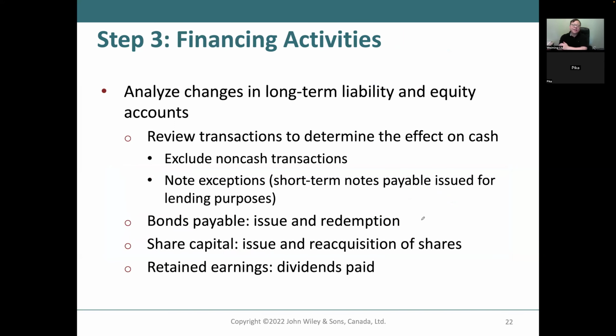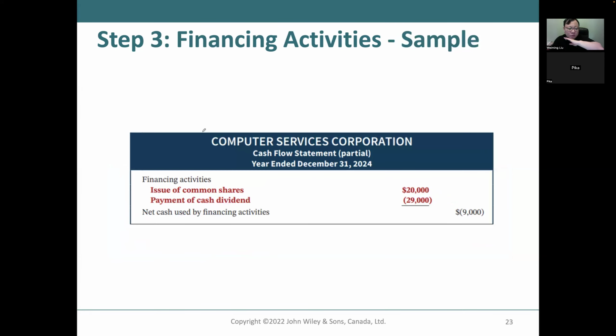Financing activities analyze the changes in the long-term liability and the equity. For example, when you issue common shares to your shareholder, they give you money, so your cash increased.